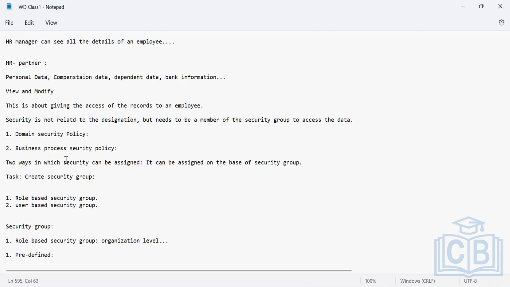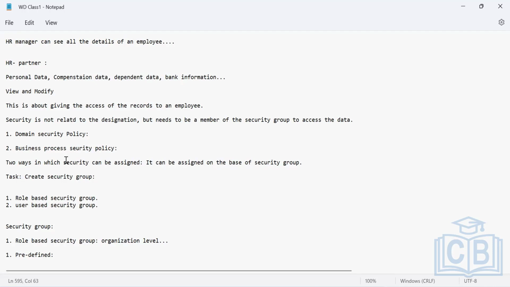All the permissions that you have given are on the security group, so the role is now a part of the security group, and all the permissions will be inherited by the role. Once that role is assigned to an employee, the employee indirectly becomes a member of the security group. Then the same permissions which you have given to a security group go to the employee.